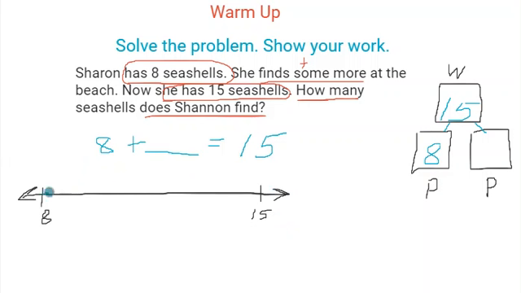So 8, and we're going to do a little hop. Wait, let's redo that hop. Make it bigger. There's that hop, and let's say that's going to be 10. We're making a 10. So 8 plus what is equal to 10? That's 2. Now we've got to make this hop over to 15. So 10 plus what is equal to 15? Well, 10 plus 5.